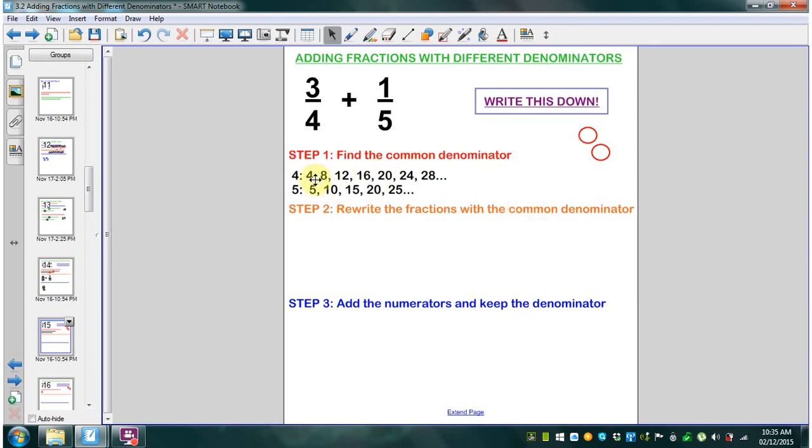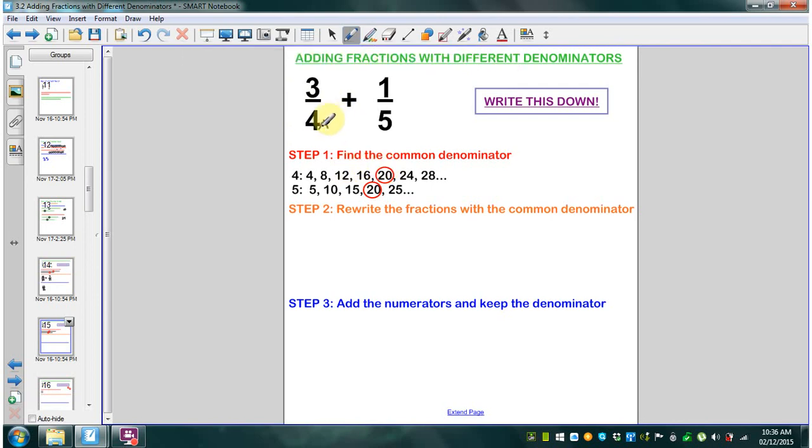So what do we have in common here? 4, 8, 12, 16, 20. We have 20 in common. So that's our common denominator. So we want that on the bottom. Okay, so we want 4 to become 20. How do we do that? We multiply 4 by 1, 2, 3, 4, 5.